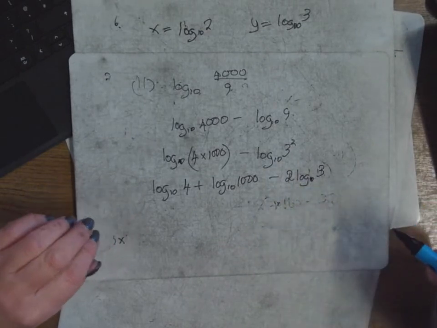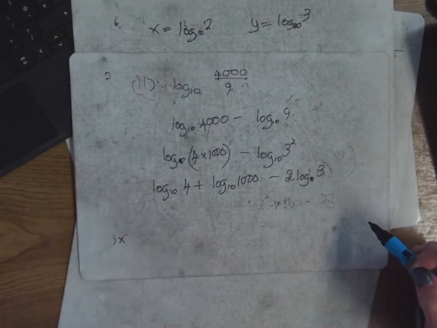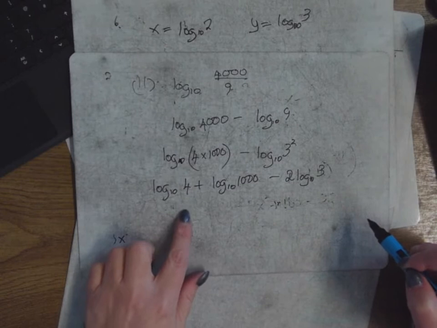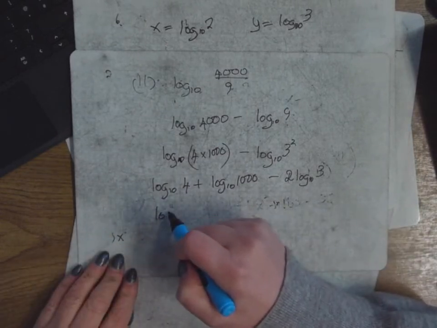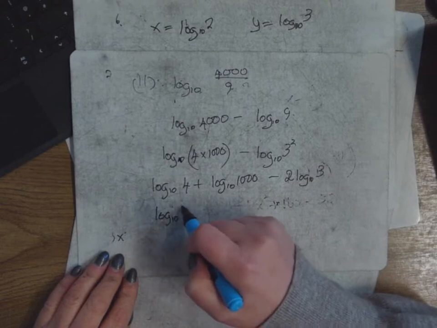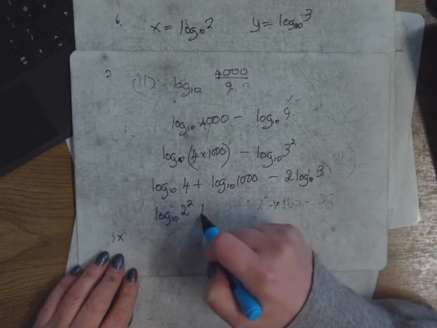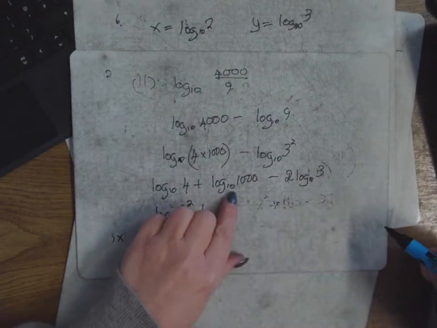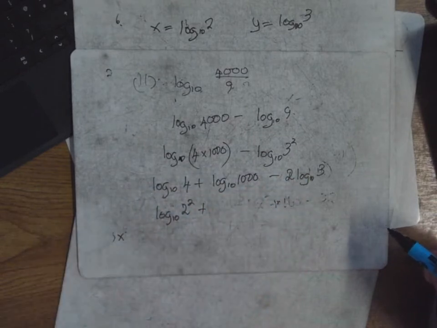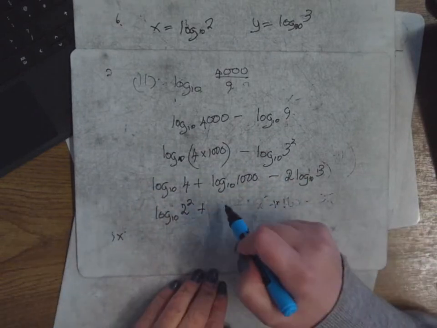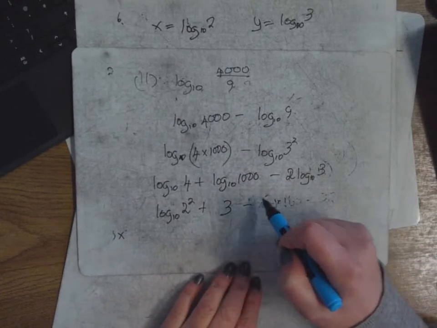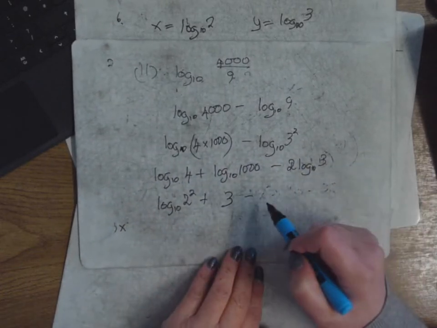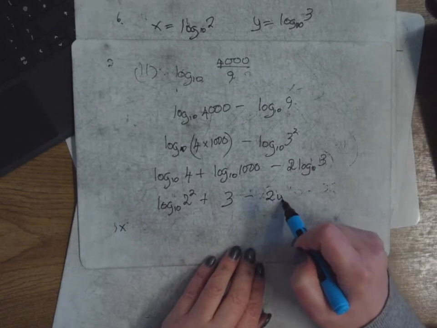You all with me? How do I write that 4? 2 squared. So that's log to base 10 of 2 squared. Now I can turn this back into a number, because 10 to the power of what gives me 1,000? 10 to the power of 3 gives me 1,000. So that's just the number 3. And here that's 2y, isn't it?